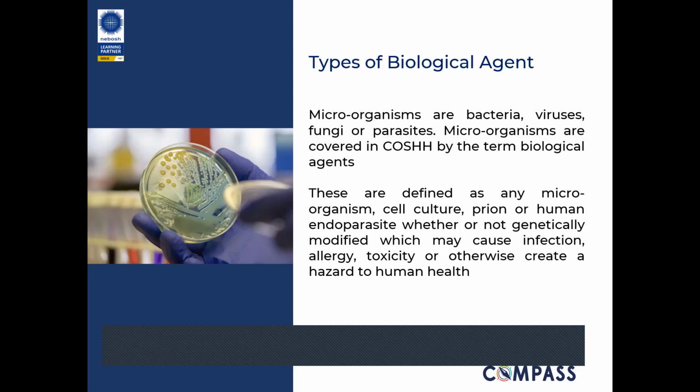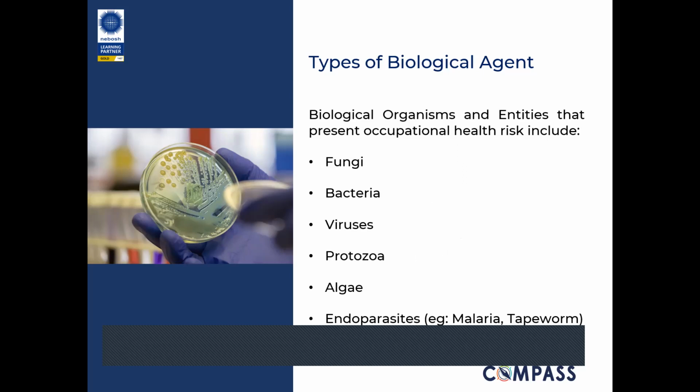So focus, rather than on the detail there, on the final statement of a hazard to human health. Due to exposure to the biological agent, it results in impacts on humans. So typically we would look at organisms and entities that present occupational health risks: fungi, bacteria, viruses, protozoa, algae, and endoparasites.